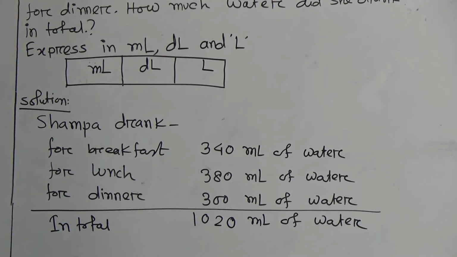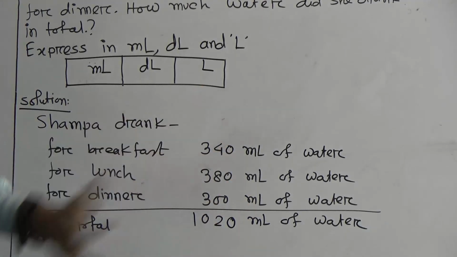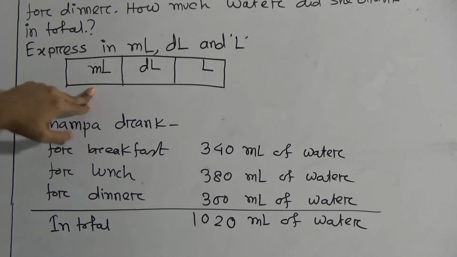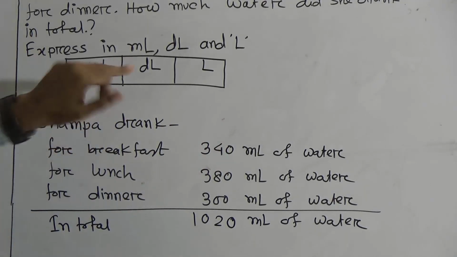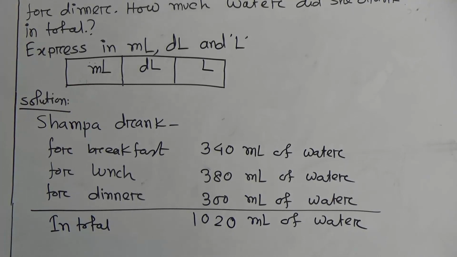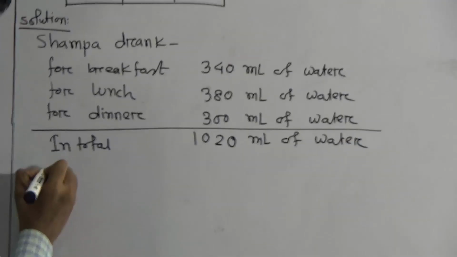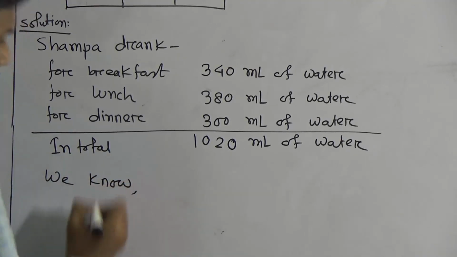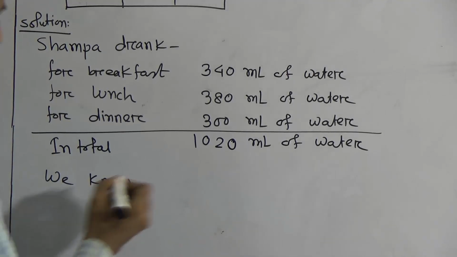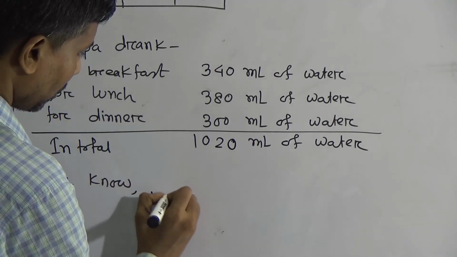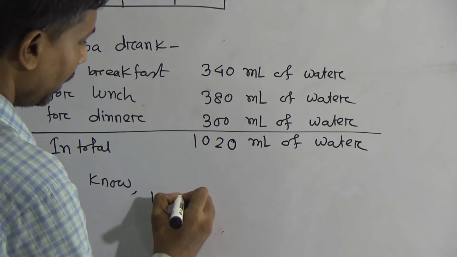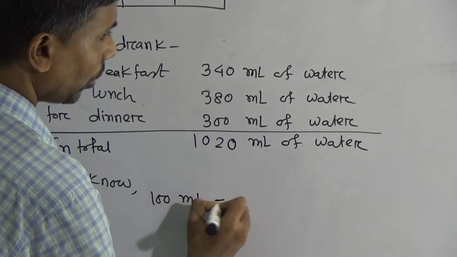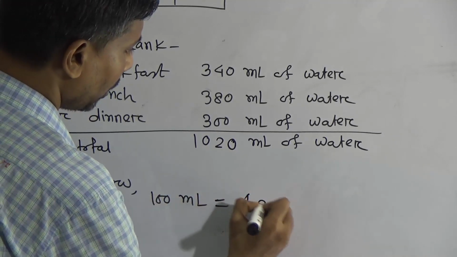Okay, already we have got 1020 milliliter of water. That means one is done. Then we have to convert it into deciliter. Okay, right? We know 100 milliliter equals 1 deciliter.